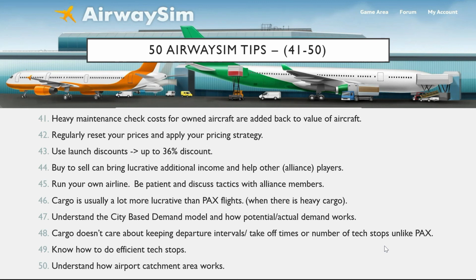You've got to not just look at the demand from your airport to a destination, but also from the airports nearby, and take a similar approach to your destination if it has multiple airports nearby. So it's really important to understand how the catchment area works, and it's linked to point number 47. Again, this is covered in my cargo tutorial, so have a look at that video and you will see how the airport catchment area really works.